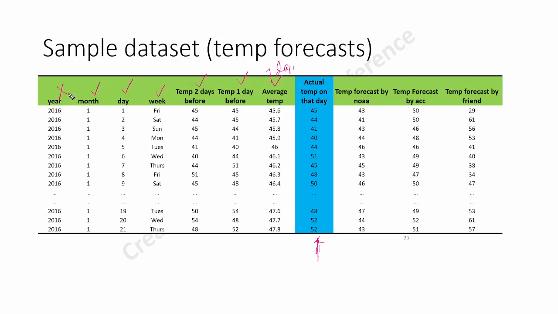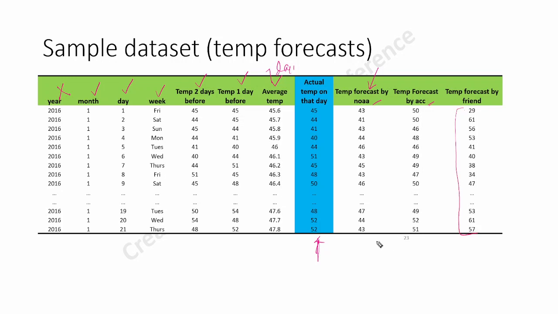Year may not be that important. And temperature forecast given by different weather forecasting agencies. And let's say the temperature forecast by your expert friend could be another attribute, maybe.